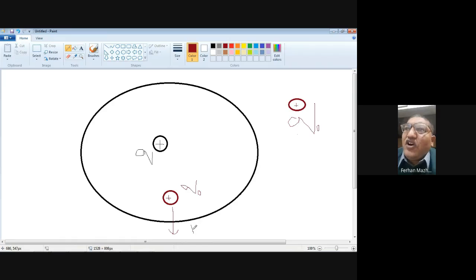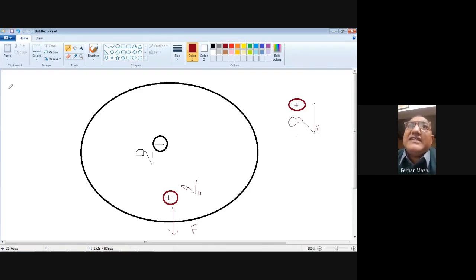So the force experienced at this point by this unit positive test charge, this test charge will move in this direction, in the direction of the force. So whatever is the direction of the force, the same is the direction of the electric field there.